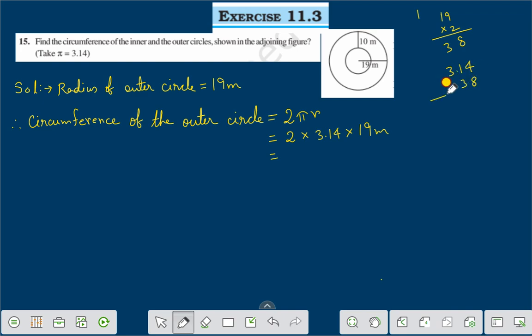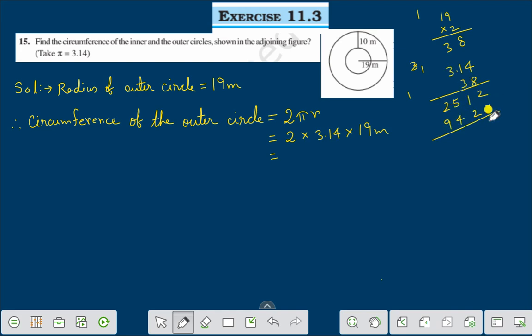4 eights are 32, 3, it is 2. 8 threes are 24 plus 3 is 27... carry 1, and here 3 fours are 12, carry 1, it is 2, 3 threes are 9 plus 1, 10.